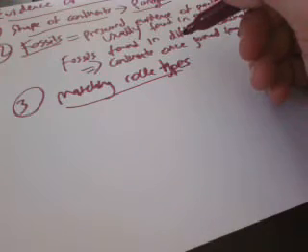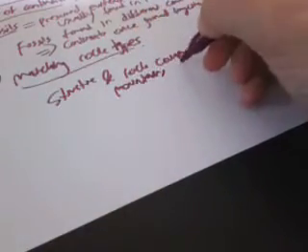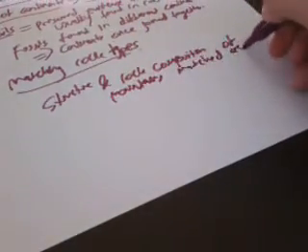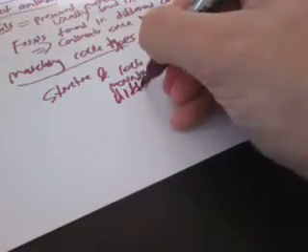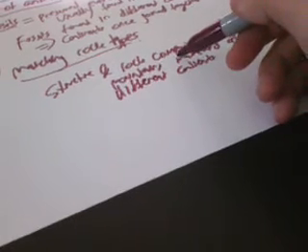So the structure and rock composition of mountains matched across different continents. For example, as I mentioned, eastern North America and northwest Europe. They matched. Number three.